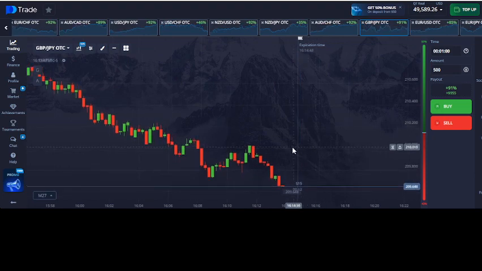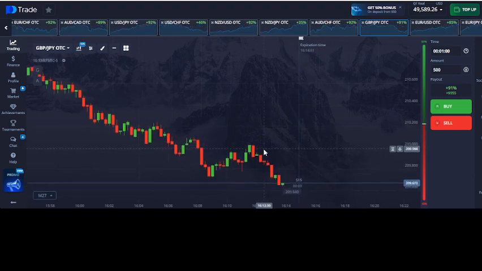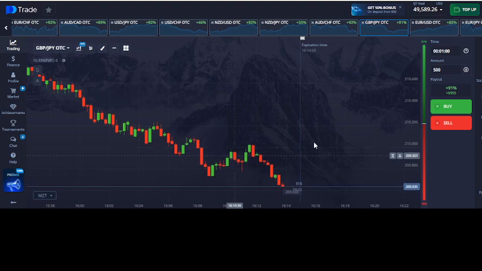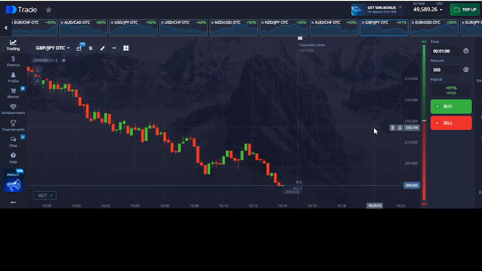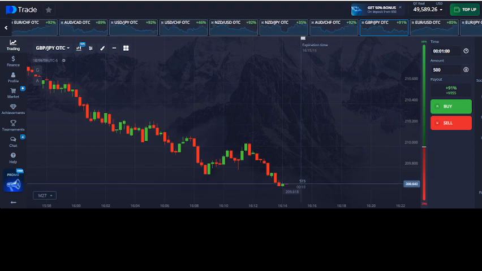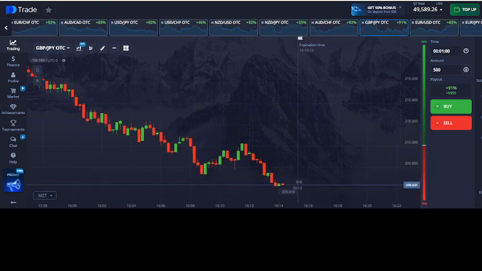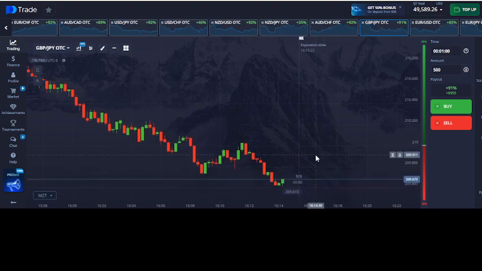All right, it shot below that level of support. Let's see if we get it.